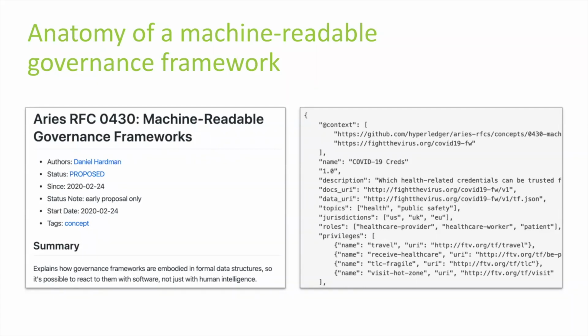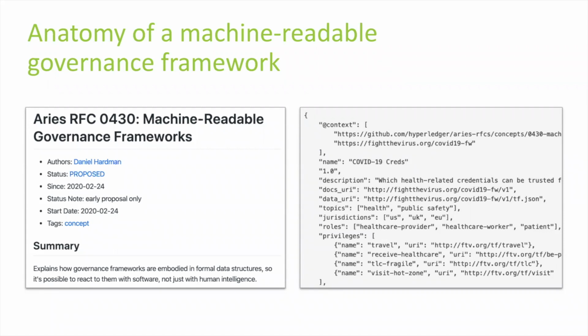And so I wanted to invite you to go learn more about that if you'd like. It's Aries RFC 0430. The two screenshots here: one is just a little screenshot of the beginning of the RFC. The other is a screenshot of a JSON file that contains the metadata of a trust or governance framework for COVID-19.